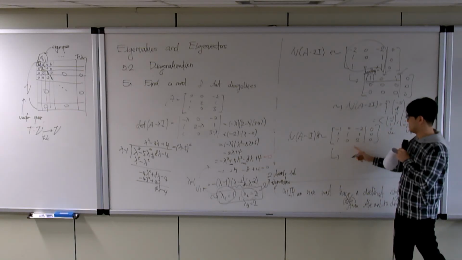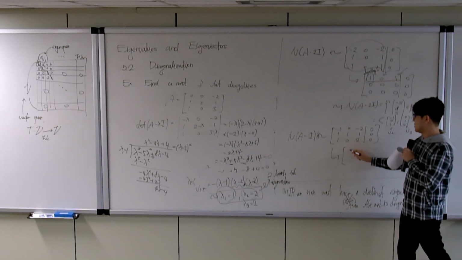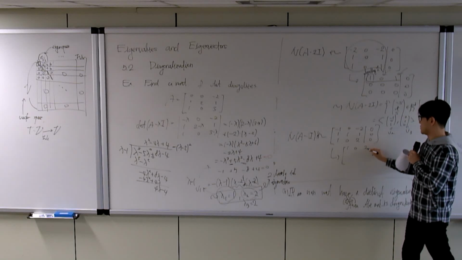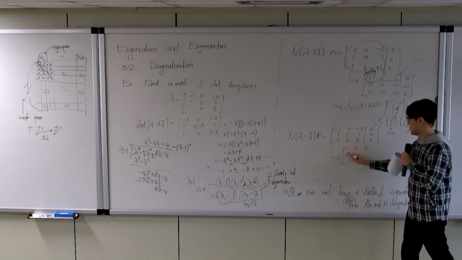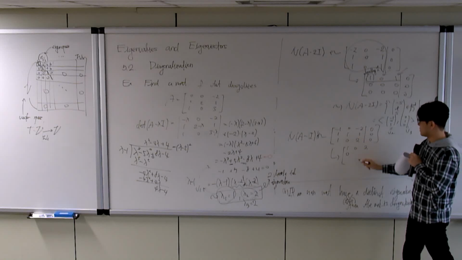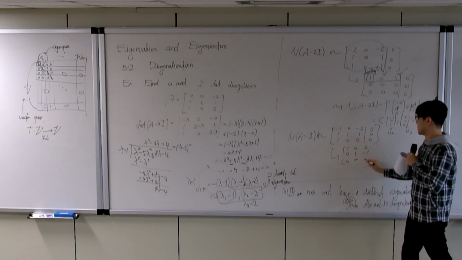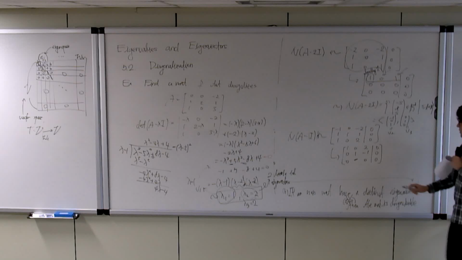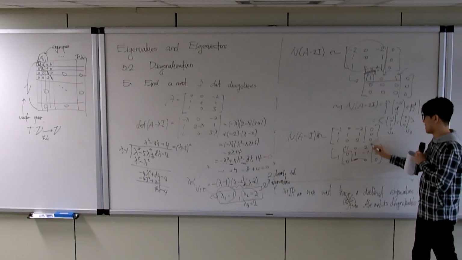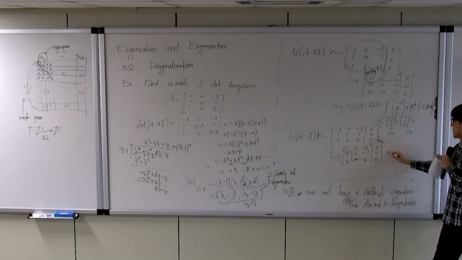Actually, if you calculate the determinant, then 1 minus 2 plus 1, so the determinant is not 0. Let's calculate it: minus 2 plus 1 minus 1 plus 1, because here the sign is minus 1. It is not 0. So P is invertible.